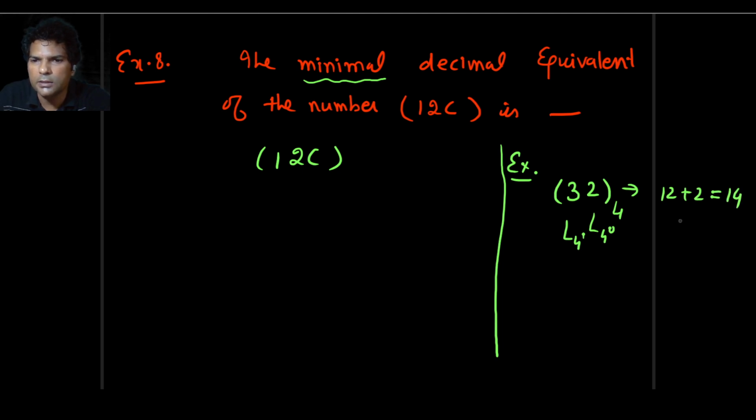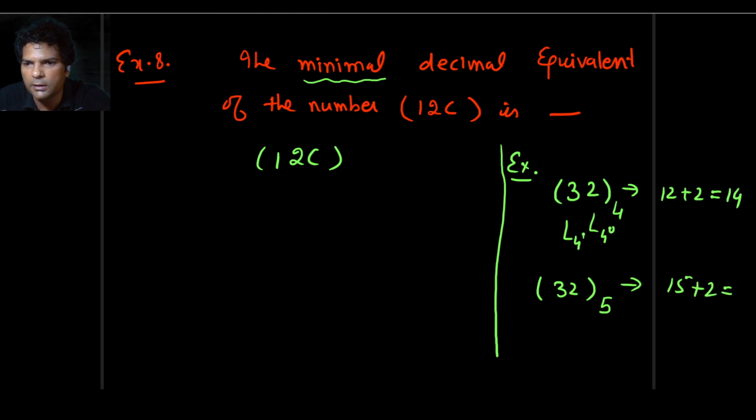This number can also be in base 5: 5 multiplied by 3 is 15 plus 2, that is 17.